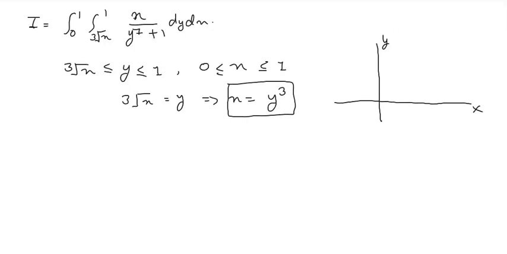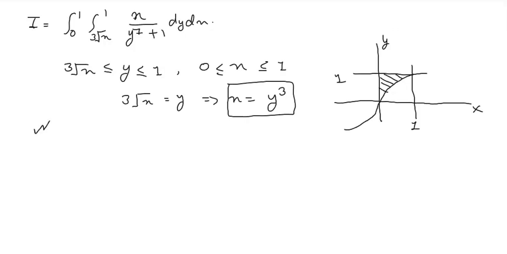The line which goes from here is 1 unit, and towards the y-axis this is also 1 unit, and between these a curve will go like this, and this is our shaded region. This is our 1 unit and this is our 1 unit.